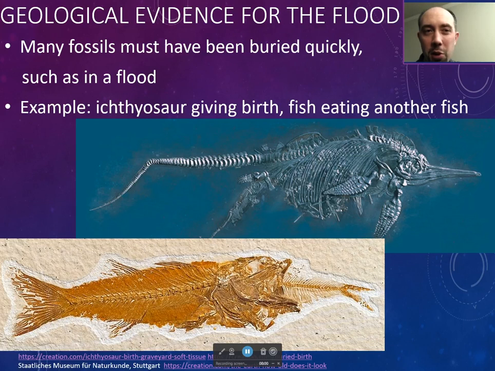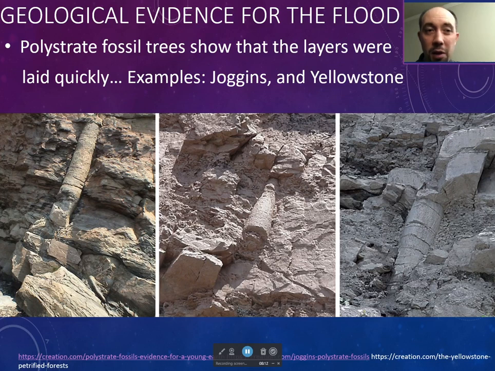Many fossils also show evidence of being buried quickly, such as several ichthyosaurs fossilized in the process of giving birth, and fish in the process of eating other fish, and so on. Some fossil trees are seen to have grown through many layers of rock, and even though the normal rate of soil accumulation is millimeters per century, it's obvious that it couldn't have been growing that slowly.